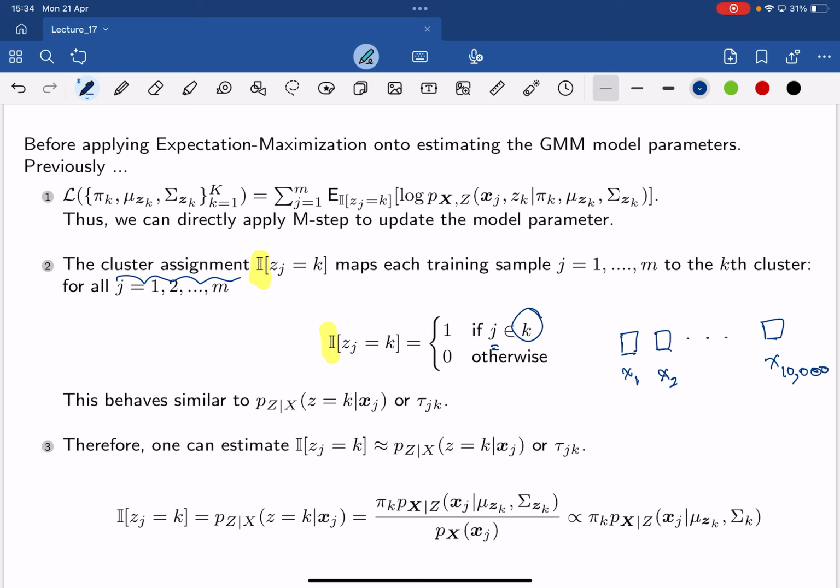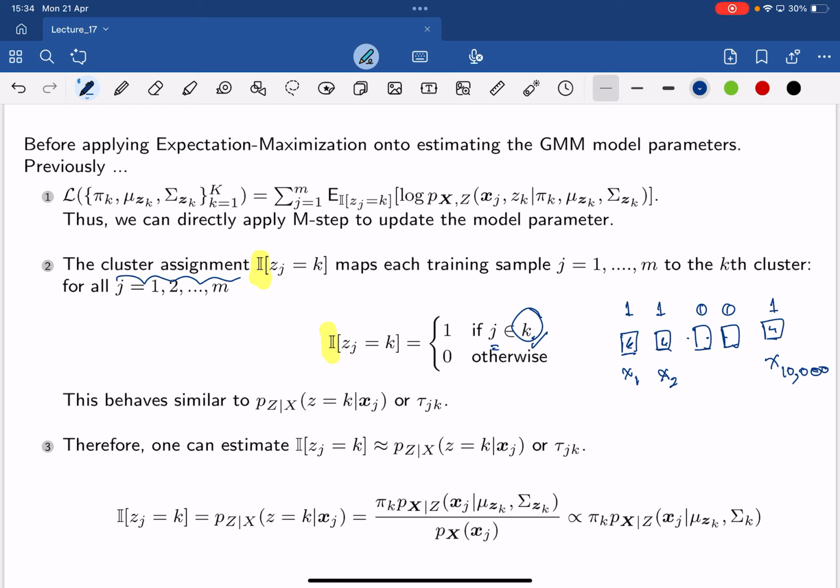This is all your x. And your I or cluster assignment will be the one that assigns value 1 if they are in the same cluster, and value 0 if they do not belong to that cluster. In this case, if it belongs to a particular K cluster, then it will be highlighted as 1.